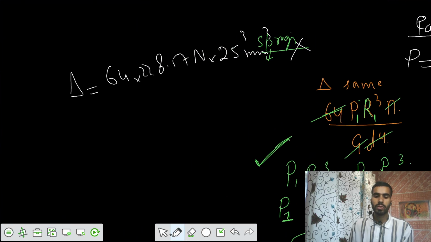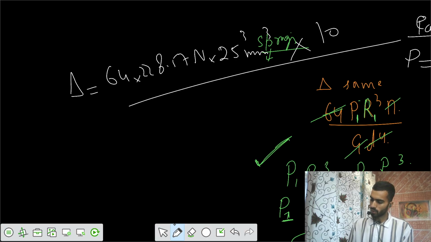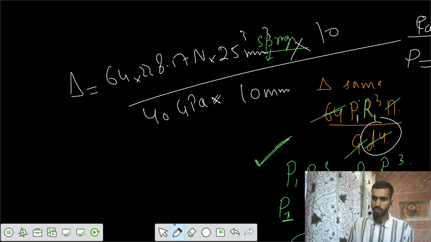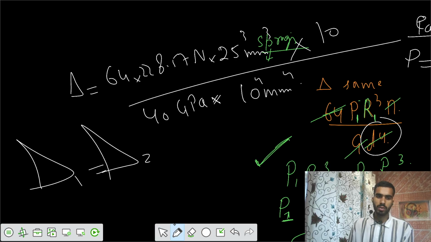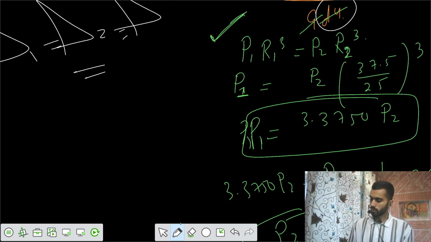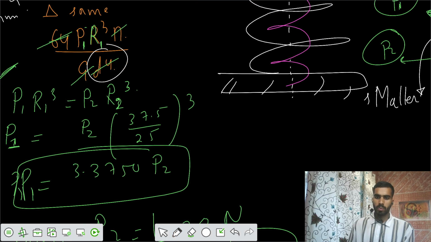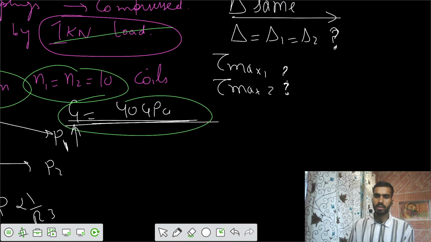The value of n was equals to 10 divided by g. The value of g was equals to 40 gigapascal, and multiply of d power 4. The diameter of the coil was itself equals to 10 millimeter. So we can get delta 1 equals to delta 2 equals to delta equals to 154 millimeter.